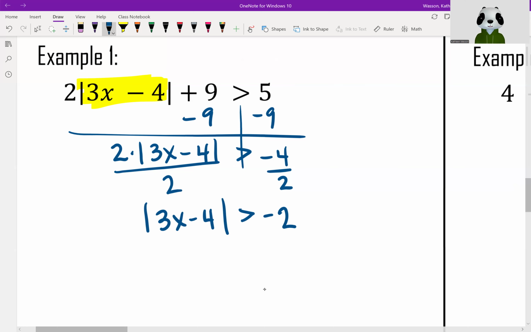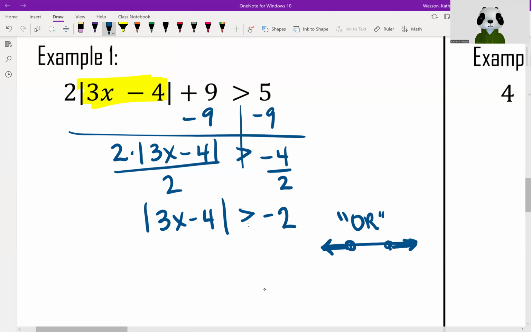Once it's isolated, I can determine by what inequality symbol I have whether it's an AND problem or an OR problem. Since this is greater than, once it's isolated, I'll have an OR problem. And those graph on the outsides of a number line pointing away from each other, like this. That's what I should expect to see.